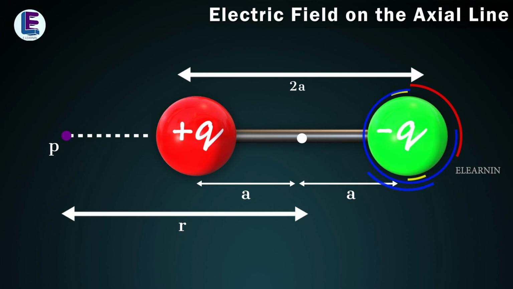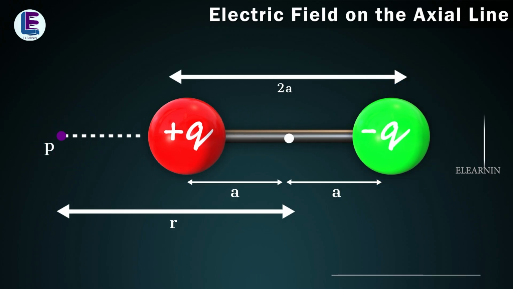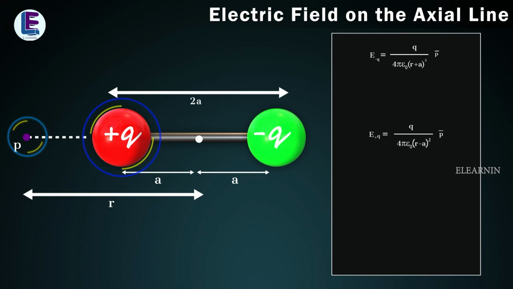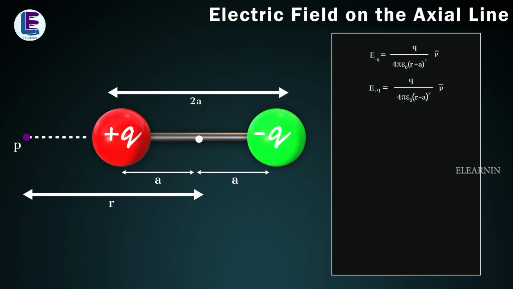Due to minus q, the field intensity at P is equal to q divided by 4 pi epsilon naught into (r plus a) whole squared into P bar. Due to plus q, the field intensity at P is equal to q divided by 4 pi epsilon naught into (r minus a) whole squared into P bar.